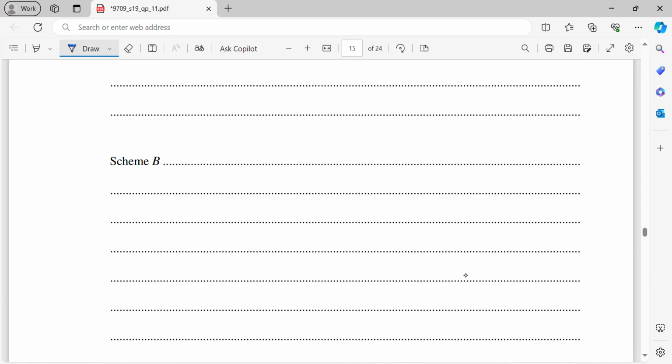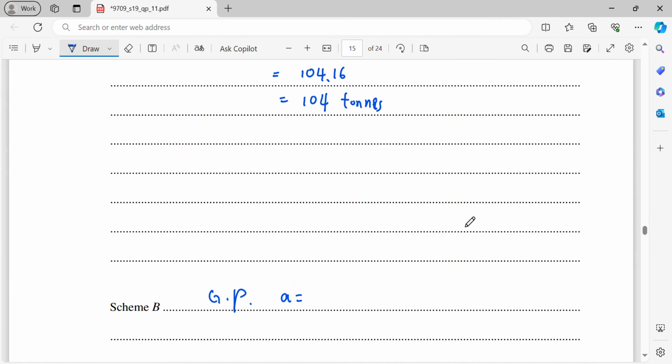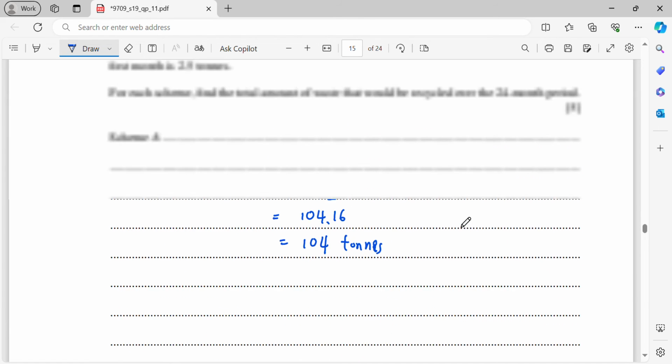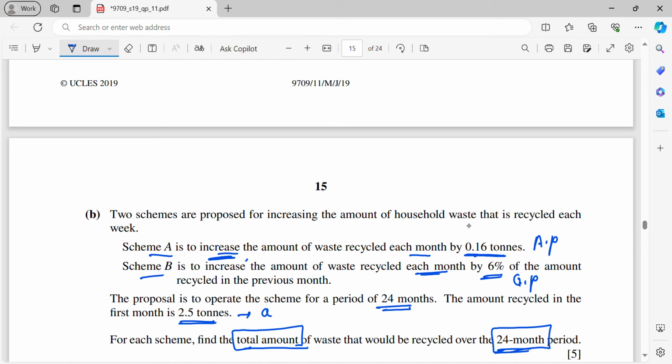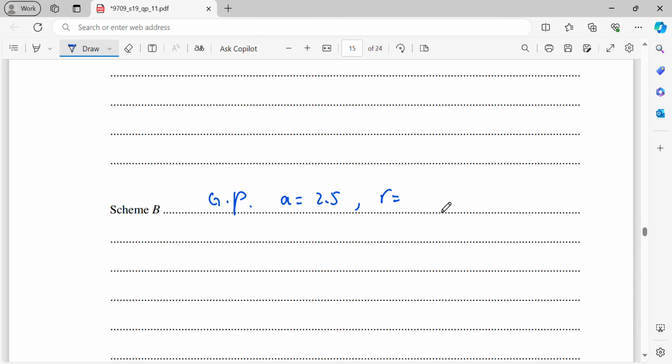Now scheme B is basically a geometric progression. Again, your A is the given first term, which is 2.5. Now the common ratio R is mentioned as an increase by 6%. 6% is 0.06. So your R becomes 1 plus 0.06, that is 1.06.